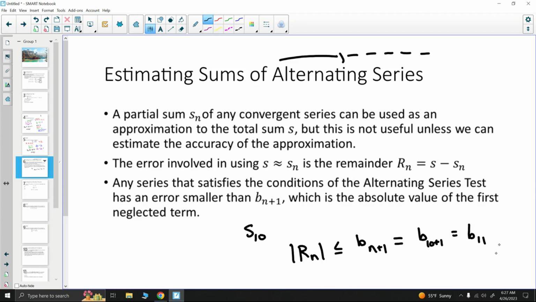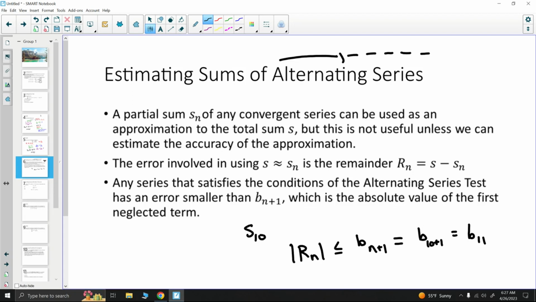So that's our 11th term. We're not taking the 11th sum. We'd say s sub 11 if we wanted. We're taking the 11th term, and we're just thinking, okay, well, this 11th term is our maximum error.